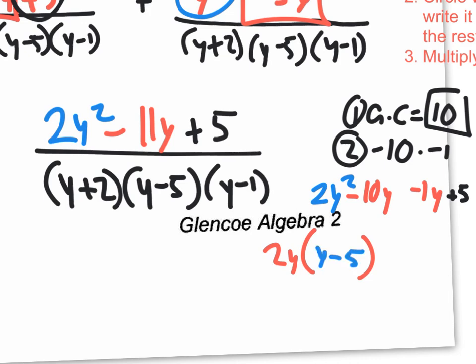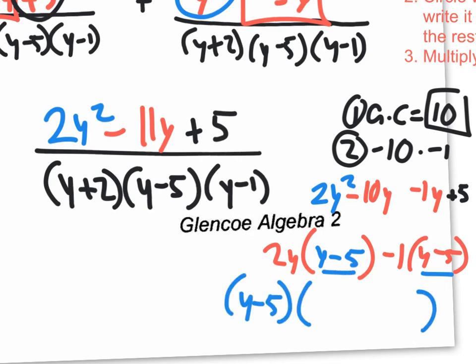From the second group, you can't really pull out anything, but I'm going to pull out a negative 1 to make the inside value a y minus 5, which will make it exactly the same as the other one. So we're going to pull out this y minus 5 and this y minus 5. There it is on the outside. What's left is the 2y minus 1.